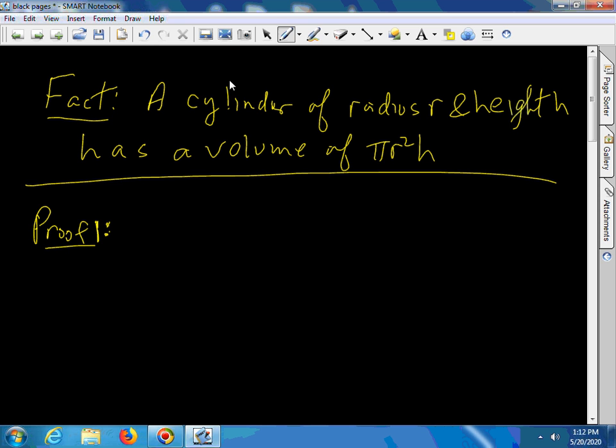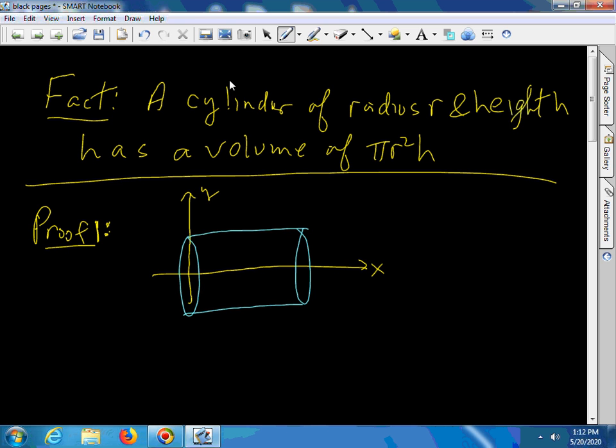Now, the first proof, we are going to do the following. We are going to rotate this line around the x-axis. And we, of course, are going to get something that looks like that. This is going to be the radius, that distance.